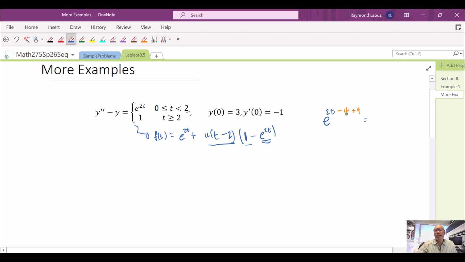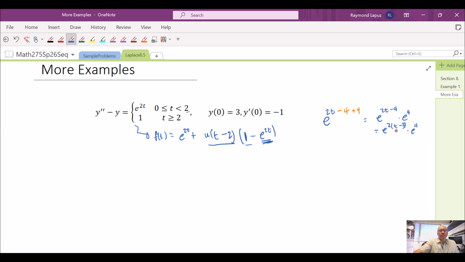What does that mean? That means you're going to get e to the 2t minus 4 plus 4, so e to the 4th. E to the 4th is just a constant, but now you will have an e to the 2 parentheses t minus 2, which is that shift that's needed. And so now we are going to be able to rewrite this e to the 2t in terms of something that has a t minus 2.